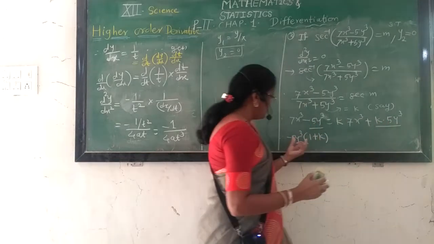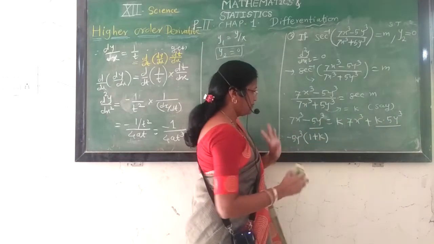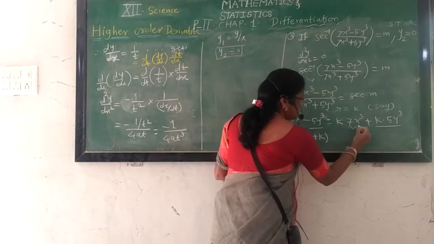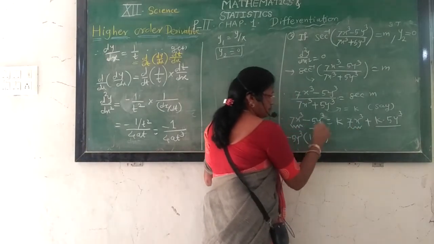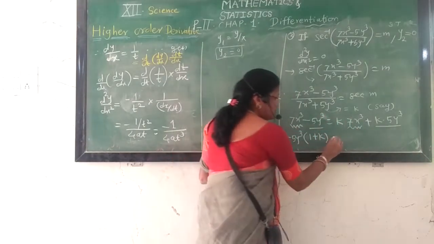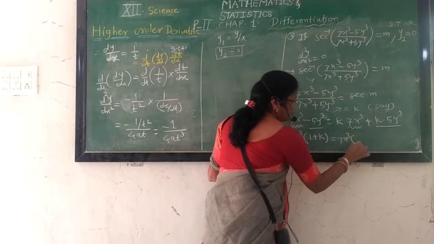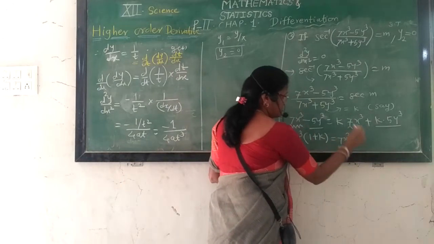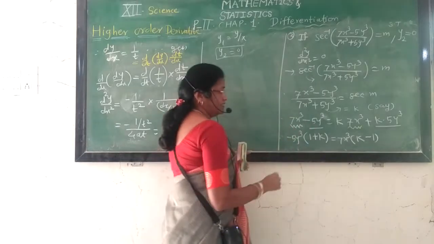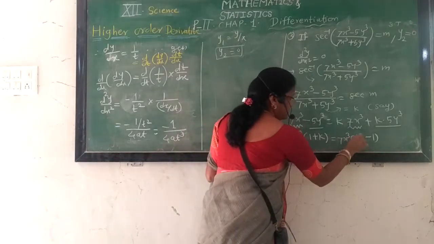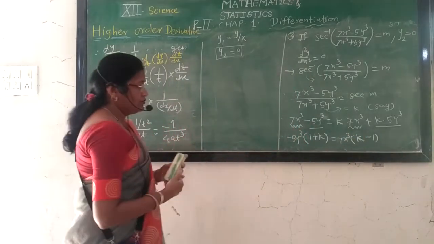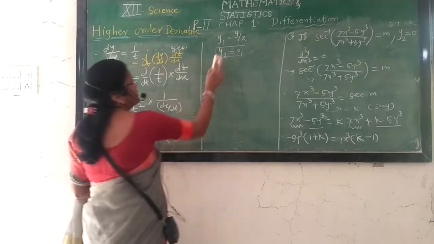Here 5y cube with a minus sign is common, so k becomes plus. For the right side we take 7x cube as common, and k with the 1 becomes minus on the right side. So for the right side we get 7x cube into (k minus 1).